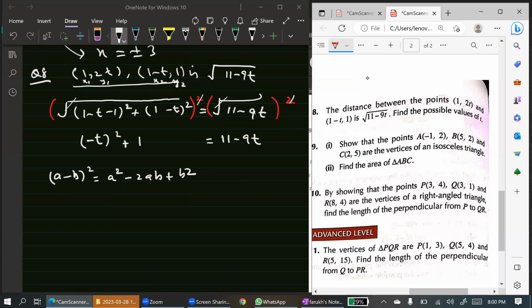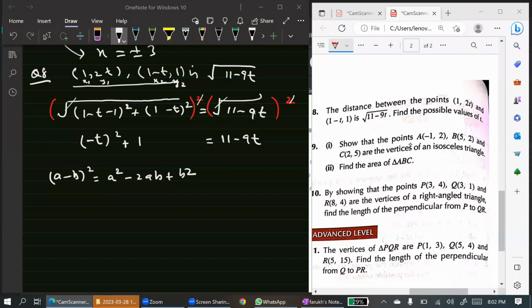So we have to ignore the negative signs, right? Yes. Now 1 minus t whole square is equal to 1 square minus 2 into 1 into t plus t square.